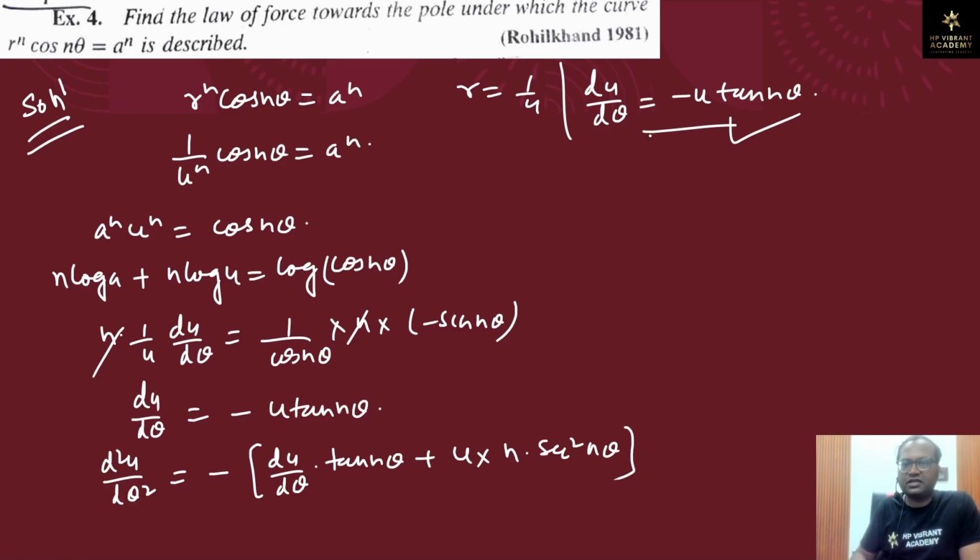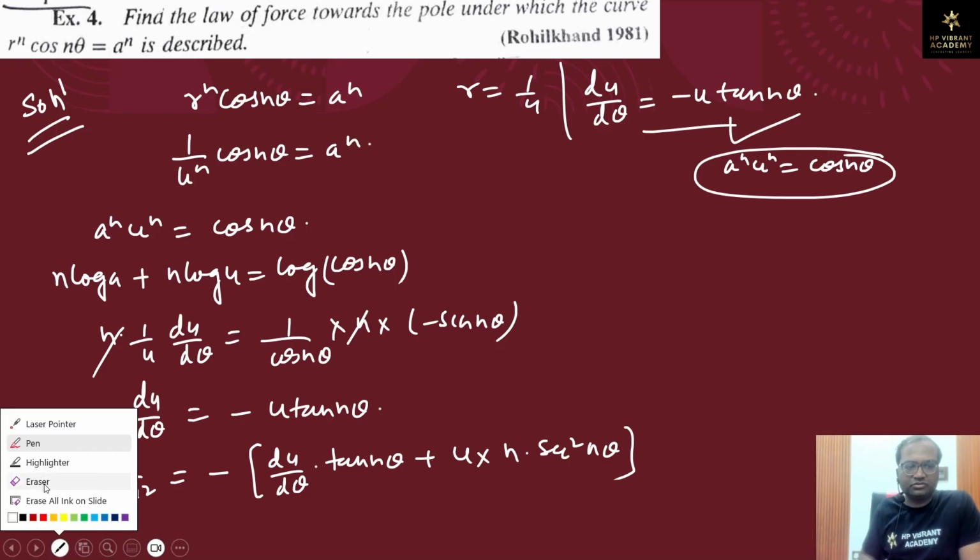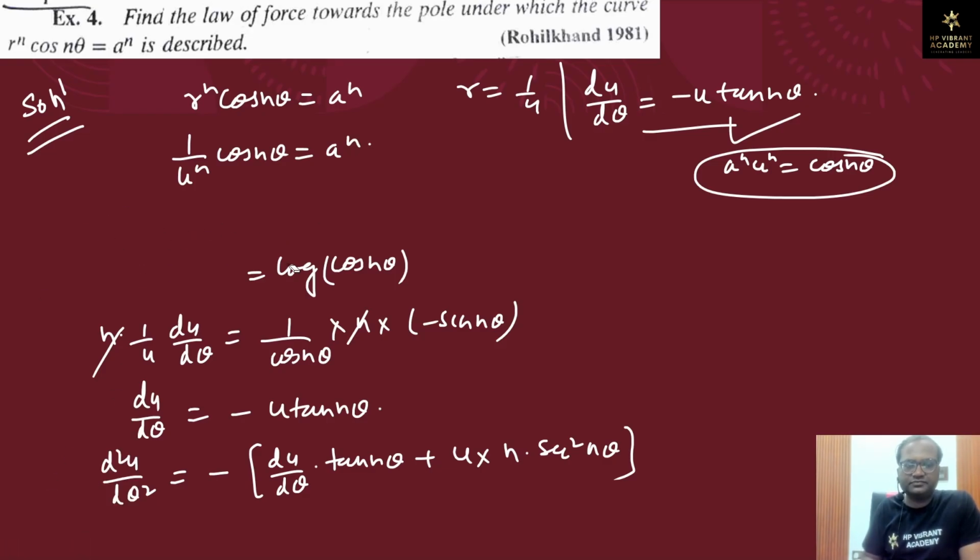Also, let us write down here, we have a to the power n u to the power n is cos of n theta. This we will use at a later stage.